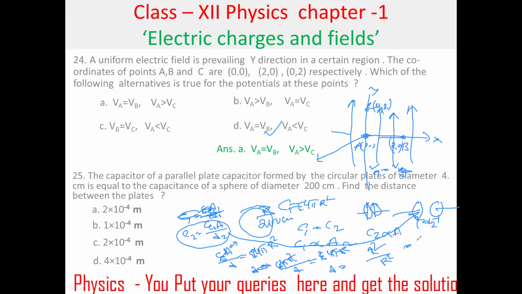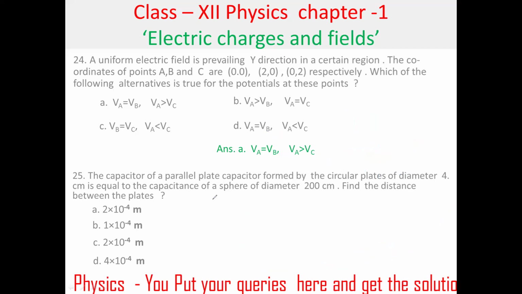If we put this, we'll get 10 to the power minus 4. My writing may be a little hazy because I am using a pen tab. If it is not clear, I can explain it again with more clarification. Just a minute.